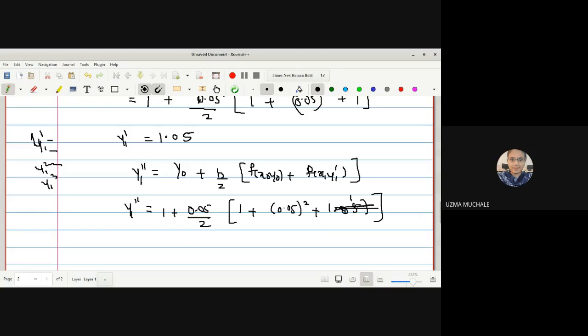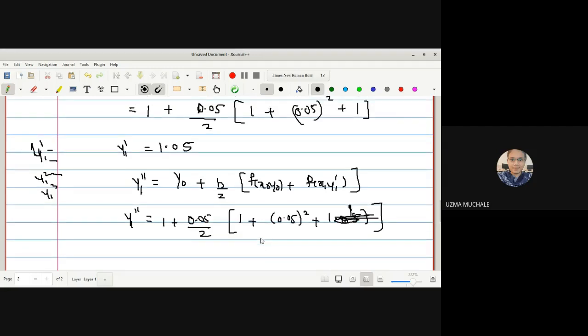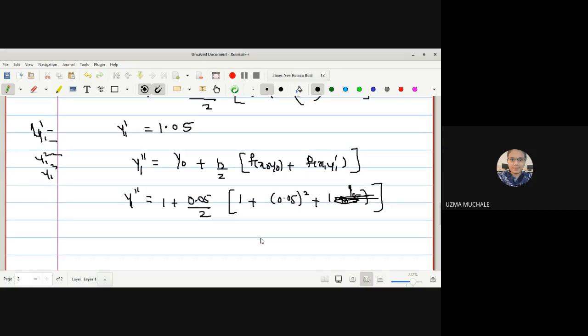This is 1 simply. As the function f of x y does not have a y term, there is no use of y1 raised to 1. So the answer for y1 raised to 2 is the same as the earlier one, 1.05. So we can now say that for x1 equal to 0.05, the y1 value is 1.05.